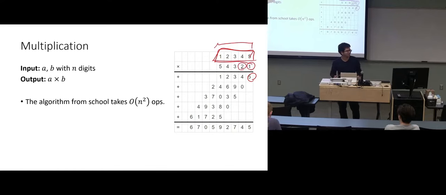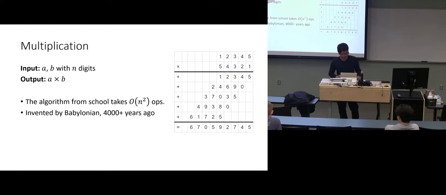So that's an n squared operation. Everyone knows this. It's a nice algorithm, not too bad, and it has been known for thousands of years, since some Babylonians a long time ago.